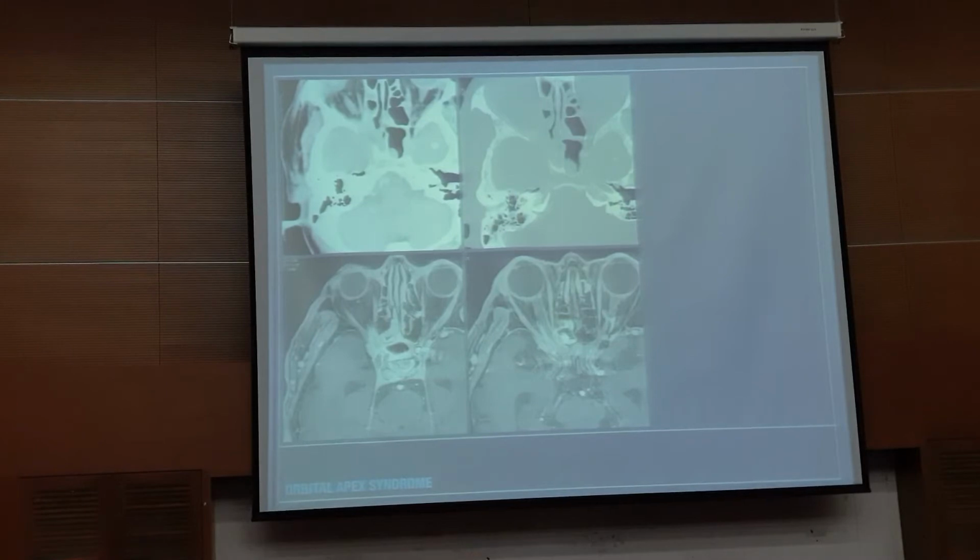In some cases, you may see a soft tissue at the orbital apex. It tends to be associated with some disease in either the posterior ethmoid or the sphenoid sinuses adjacent to it. In this case, you can see that there's a lot of bone remodeling here.